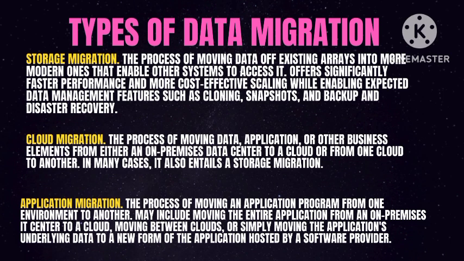The process of moving data from existing arrays into more modern ones that enable other systems to access it, offering significantly faster performance and more cost-effective scaling, while enabling expected data management features such as cloning, snapshots, and backup and disaster recovery, my dear friend.